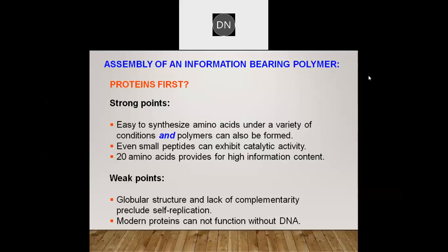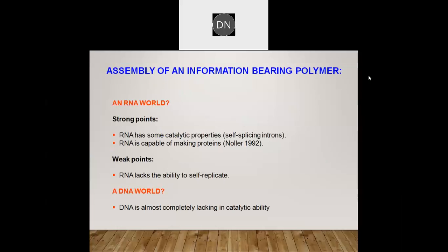Even small peptides can exhibit catalytic activity. The 20 amino acids provide for high information content. The weak point is that globular structure and lack of complementarity preclude self-replication. A modern protein cannot function without DNA. Next slide.